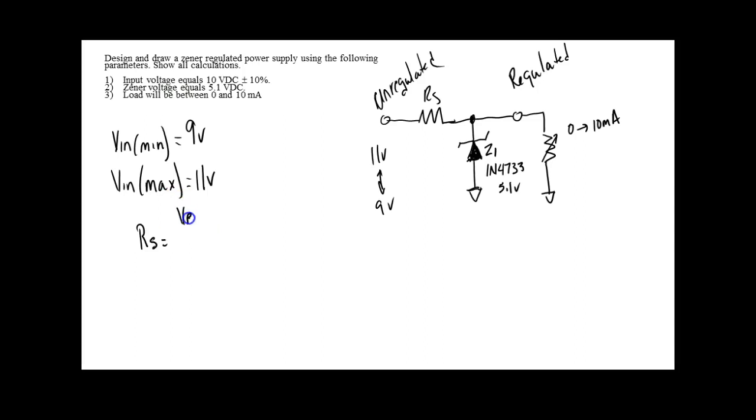Okay, RS equals VRS minimum over IL max plus IZK. So we've got to size that resistor. What's the minimum voltage across the resistor?